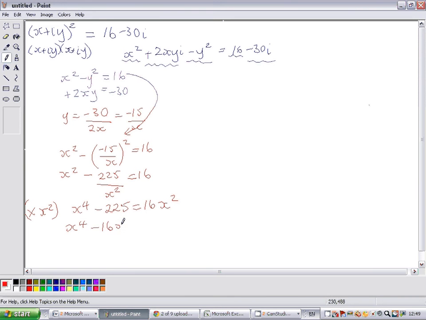You perhaps won't have done much factorising of quartics. It is a quartic, but it looks a bit like a quadratic, doesn't it? The powers are different, but the structure's the same, and you can actually factorise it like you would do a quadratic.